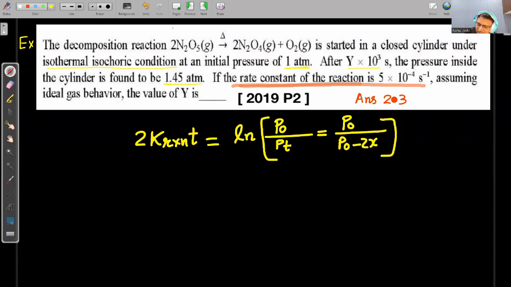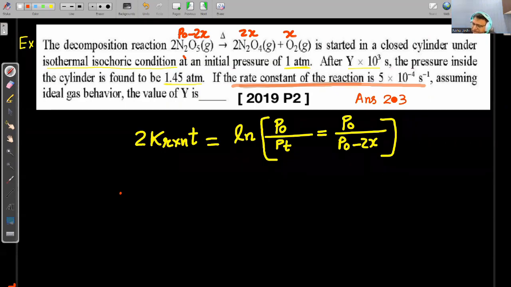Because initial pressure is P naught, at any time T, the pressure should be P naught minus 2 times of x. This value will be 2 times of x and this value will be x.